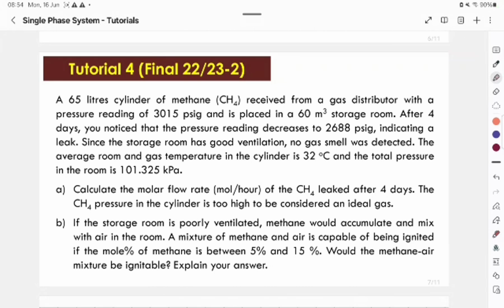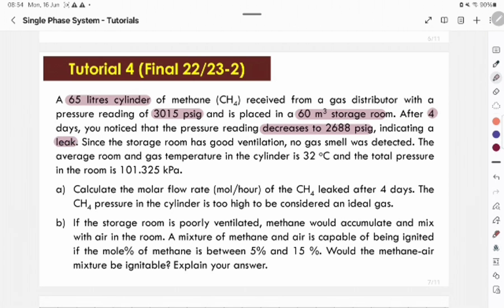The question states that a 65-liter cylinder of methane, CH4, received from a gas distributor with a pressure reading of 3015 psig, is placed in a 60-meter cube storage room. After 4 days, you notice that the pressure reading decreases to 2688 psig, indicating a leak.